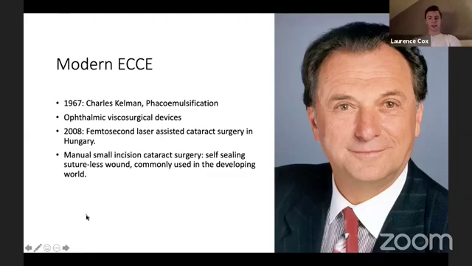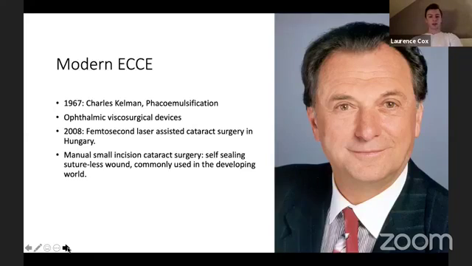In 2008, femtosecond laser-assisted cataract surgery was first performed in Hungary, and this was approved for use in the US by the FDA in 2010. The idea of this is to make smaller corneal incisions, neater surgery, less corneal astigmatism, but currently the evidence is lacking a little bit, and it's still inconclusive whether femtosecond laser is actually cost effective and really improves surgical outcomes.